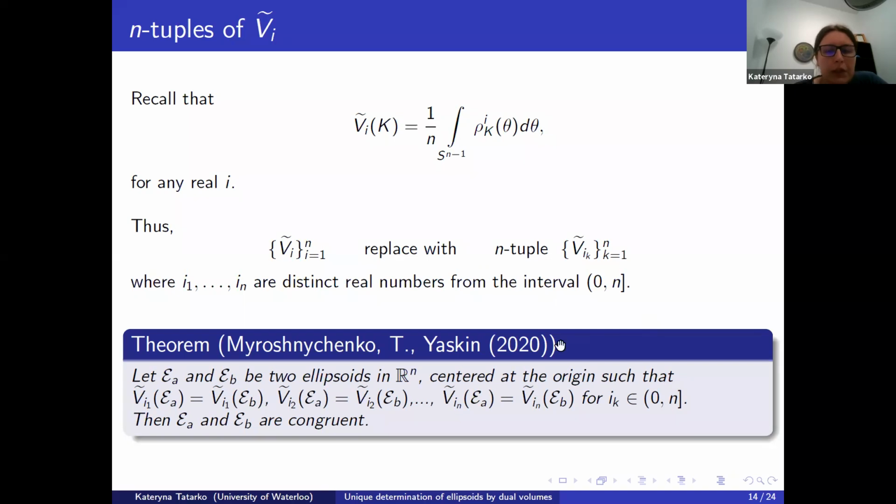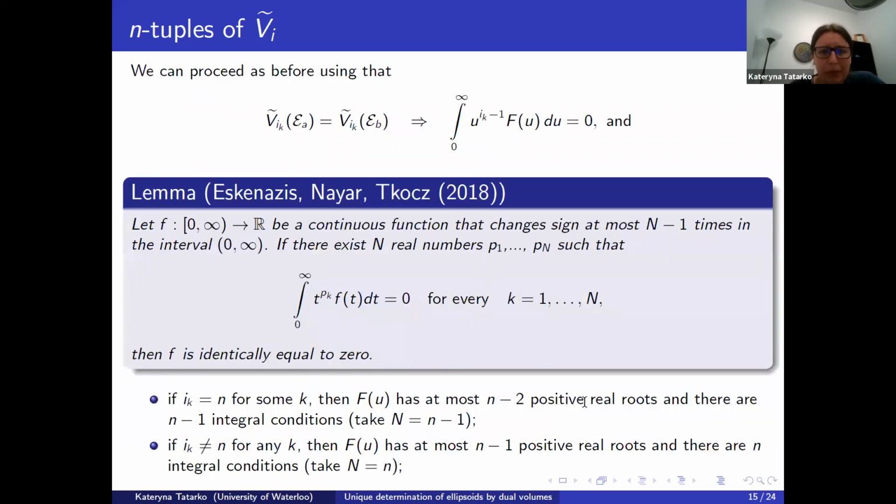Then again, we can show similar results. If we take two ellipsoids such that any n-tuple of dual volumes whose indices come from the interval between 0 and n are the same, then it implies that the ellipsoids should be the same. In order to prove this result, we can follow a similar scheme as before. At the start, we basically do the same thing.